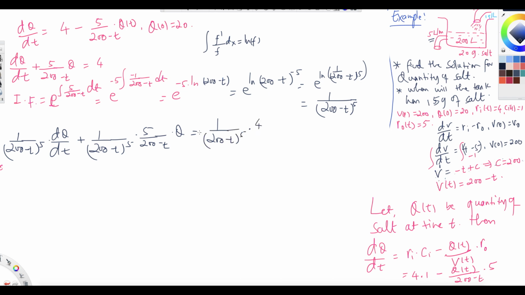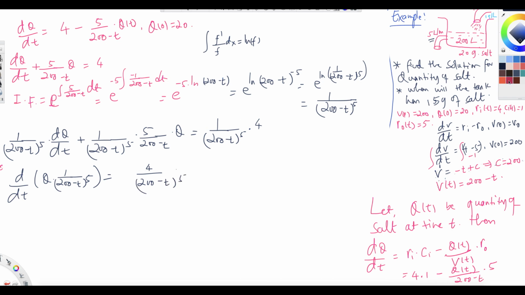That's what you get, right? So the left hand side is directly d/dt of q times the integrating factor 1 over (200 minus t) to the 5, equals 4 over (200 minus t) to the 5, right?